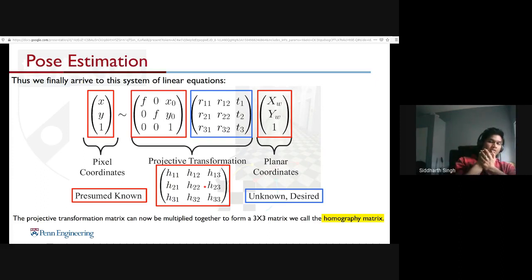In control, we perform transformations through mapping, right? So you can think about this as mapping from one domain to another domain.